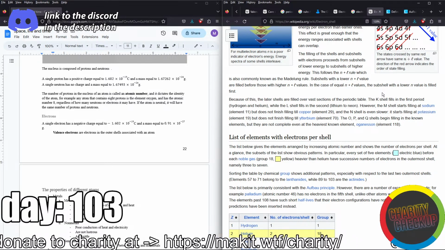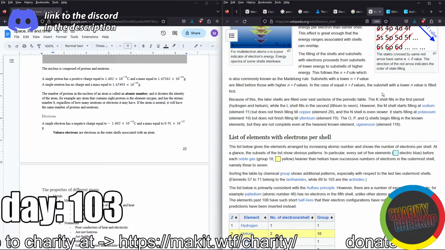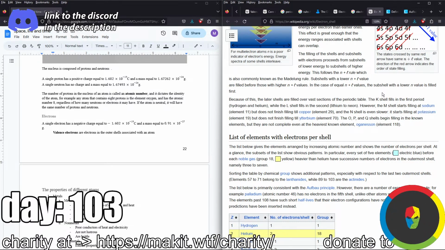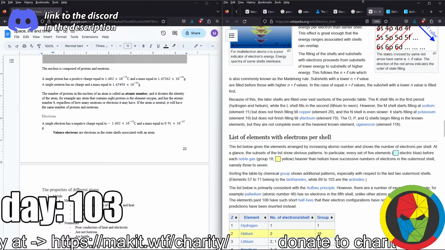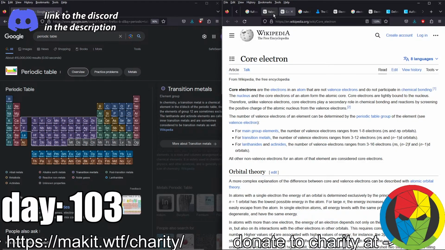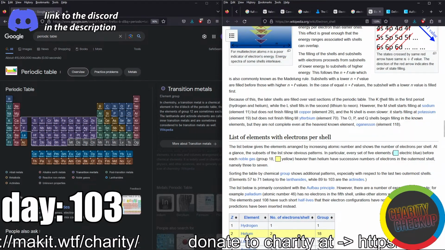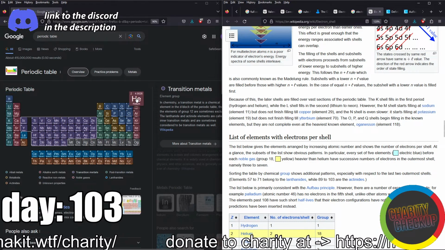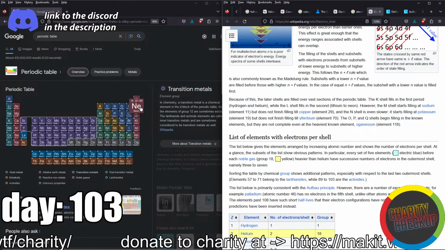Fills in the fifth period, fills in the second, at sodium, element 11, to copper, element 29. Okay, we need the periodic table on the side to actually make sense of why that is crazy. So that's the K shell. Then we have the L. Damn.